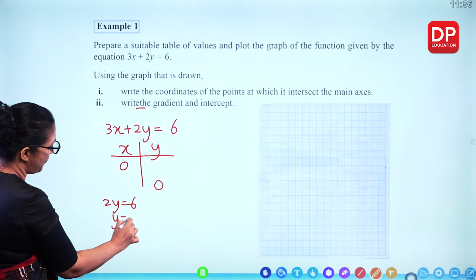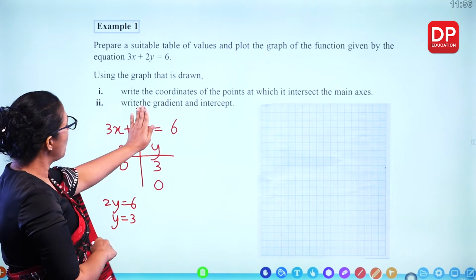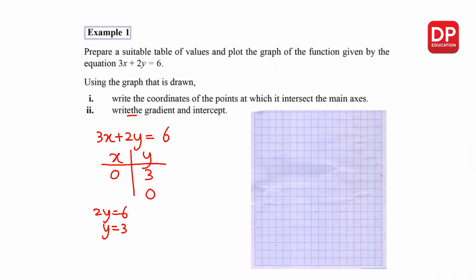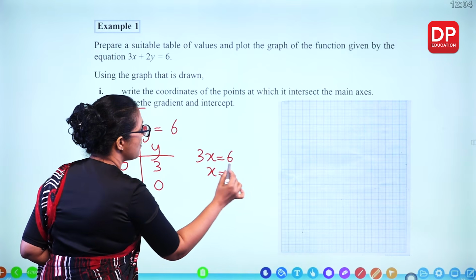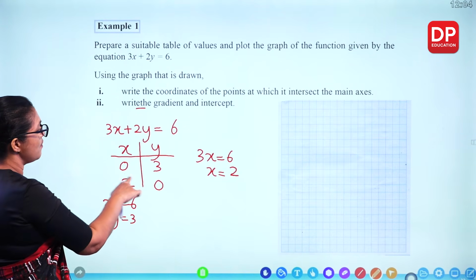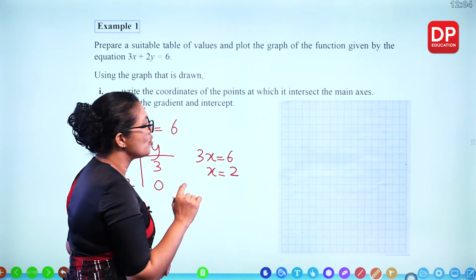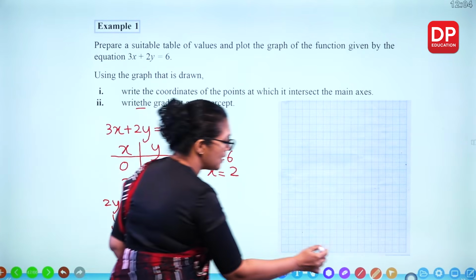So what's y? 6 divided by 2, you get 3. When y equals 0, you get 3x equals 6. X equals 6 divided by 3 is 2. Now we have 2 pairs of ordered coordinates. So you can mark and draw the line.